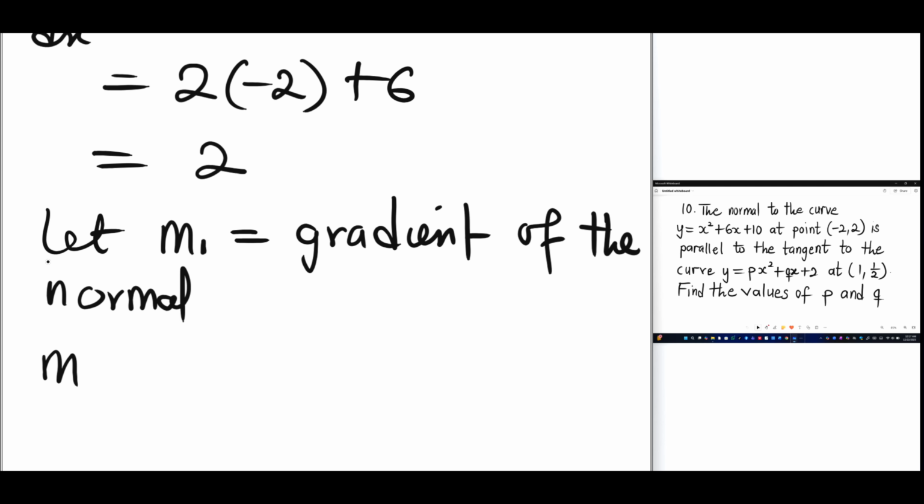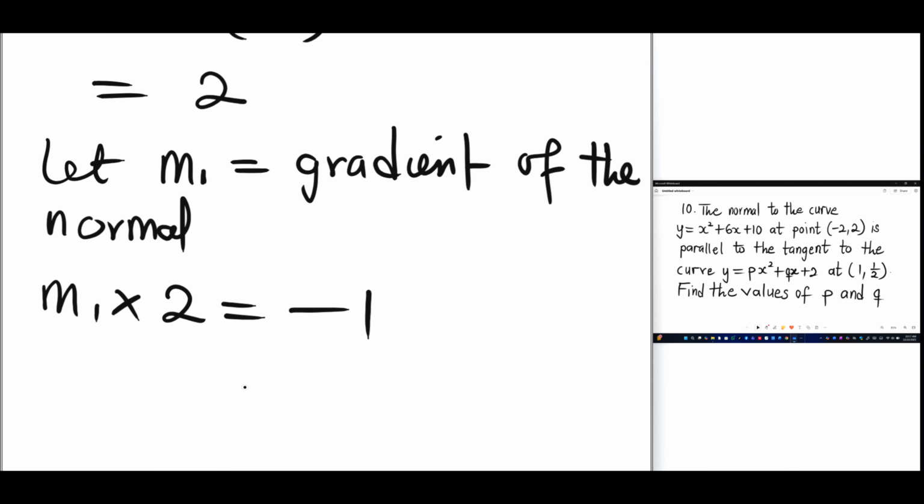Since we are using m1, the gradient of the normal times the gradient of the tangent to the curve must give us a result of -1 since they are perpendicular. So we make m1 the subject here. We divide through by 2, and that will give us a result of -1 divided by 2.